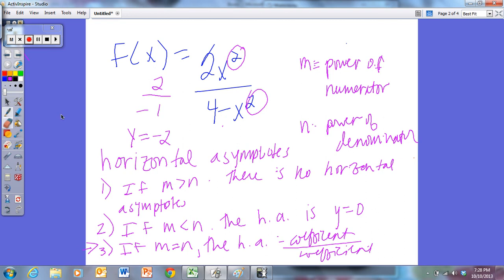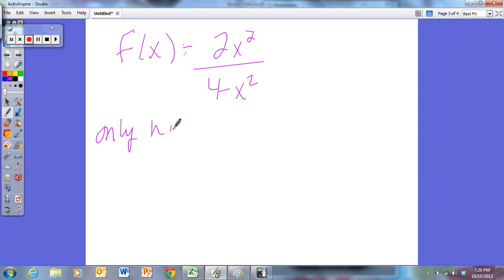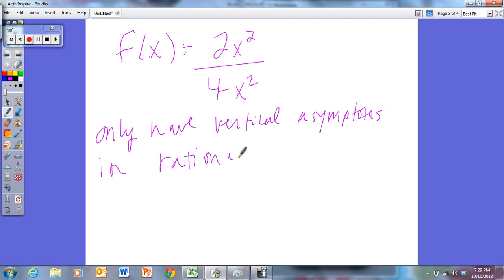A vertical asymptote occurs, we're talking about f of x equals 2x squared over 4 minus x squared. You only have vertical asymptotes in rational functions.